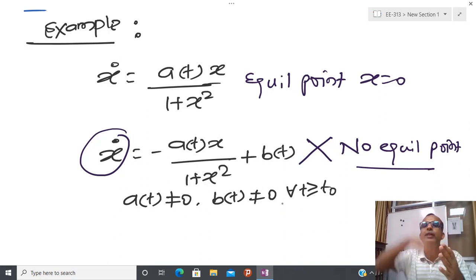State space means where all my state variables are going to lie, and in that space there exists some kind of unique point, and the property of that point is that if you start from that point, you are going to stay there forever. I am assuming that there is no disturbance and no forcing function for the time being, and I will introduce the forcing function in future lectures.